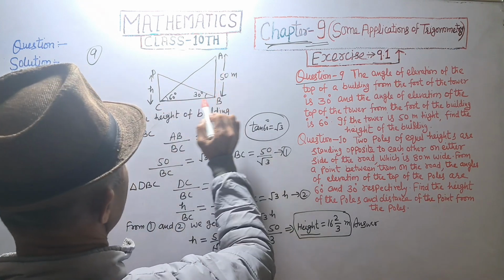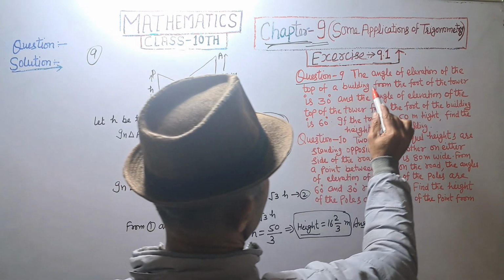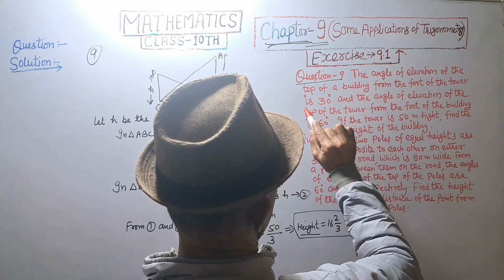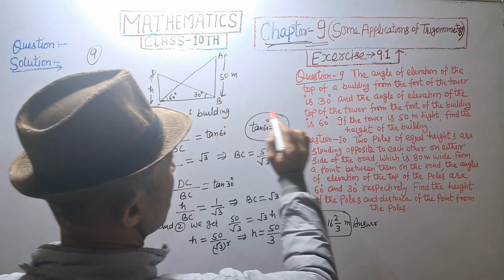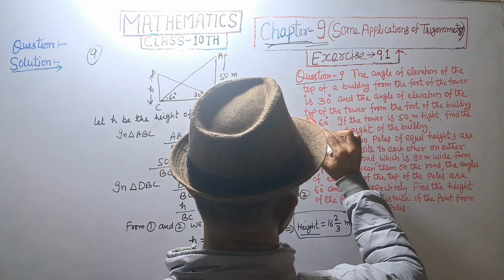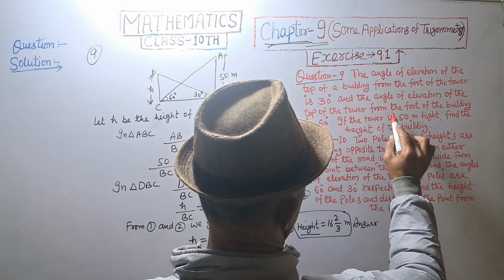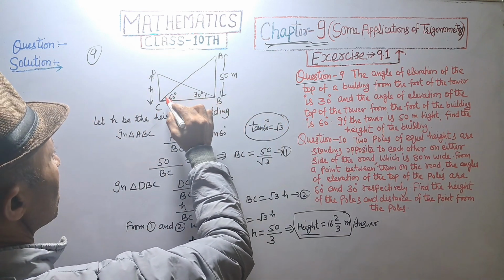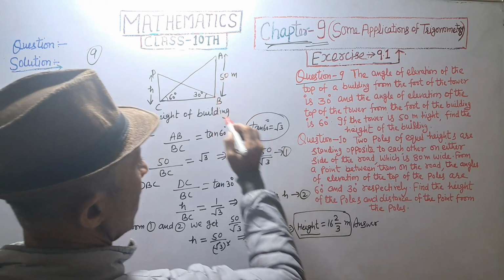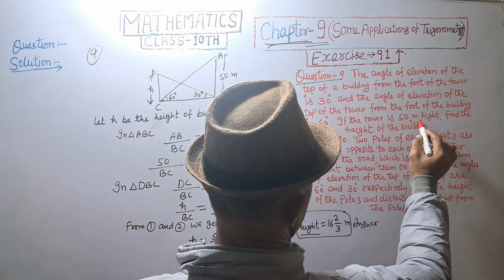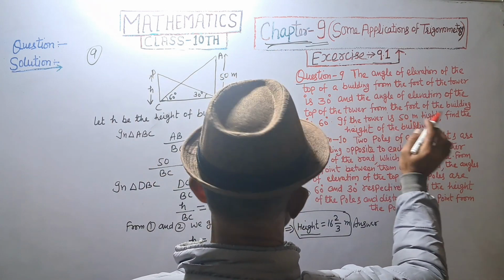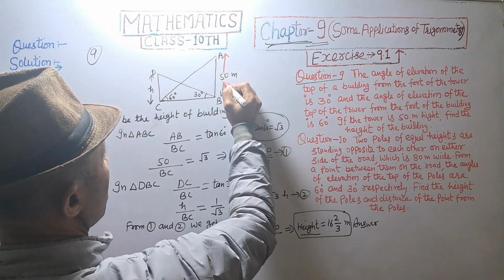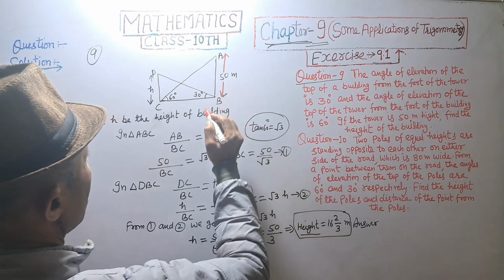In triangle ABC, the angle of elevation of the top of a building from the foot of the tower is 30 degrees, and the angle of elevation of the top of the tower from the foot of the building is 60 degrees. If the tower is 50 meters high, AB is equal to the height of the tower, 50 meters.